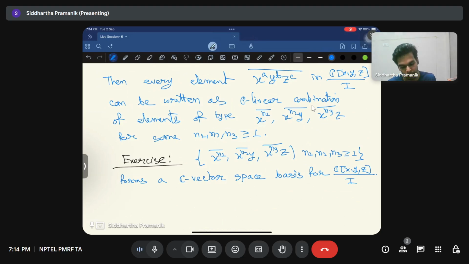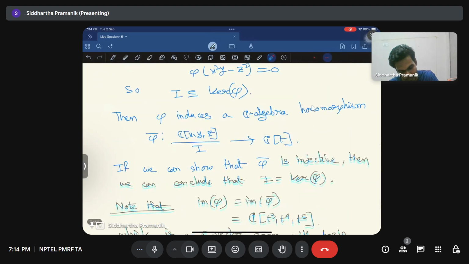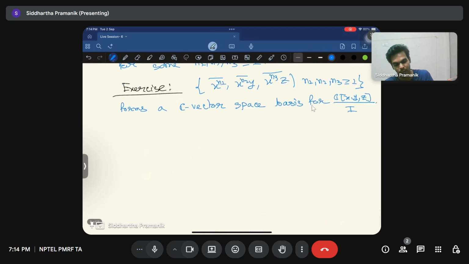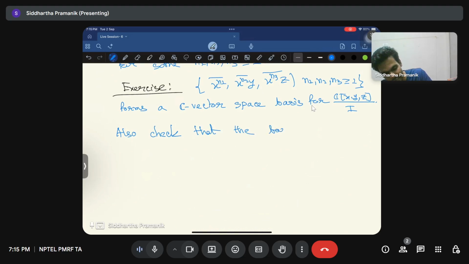Now we have a basis for both sides. So how to check if a linear map of vector spaces is injective or not? We need to check that the basis elements are mapping to different basis elements. So let's take this set as A, the basis elements.